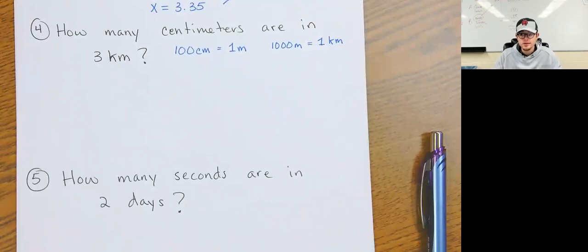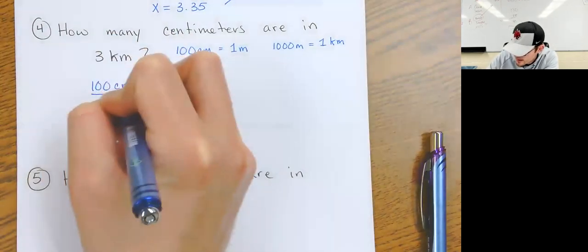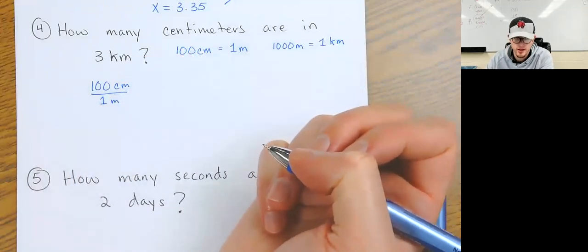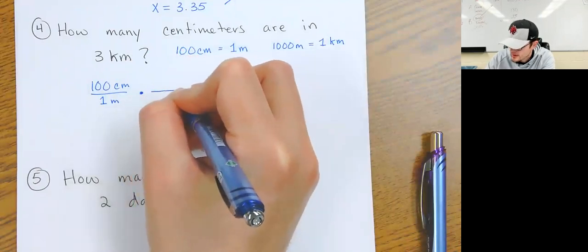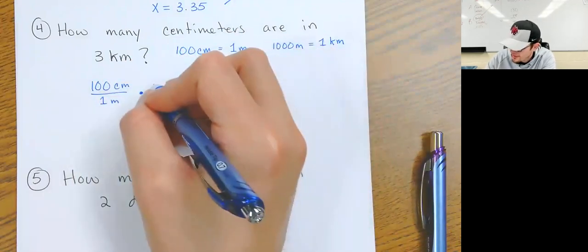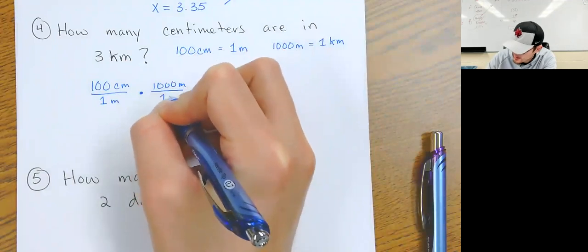What I know is there is 100 centimeters in 1 meter, right? Another thing I know is in the 1,000 meters, there is 1 kilometer.